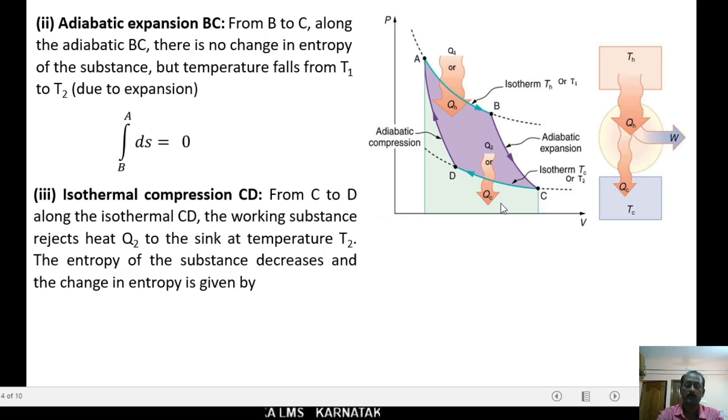The entropy of the substance decreases and the change in entropy is given by, from C to D, integrate the entropy term dS from C to D is equal to minus Q2 by T2. Because the entropy of the substance decreases, hence it is minus.